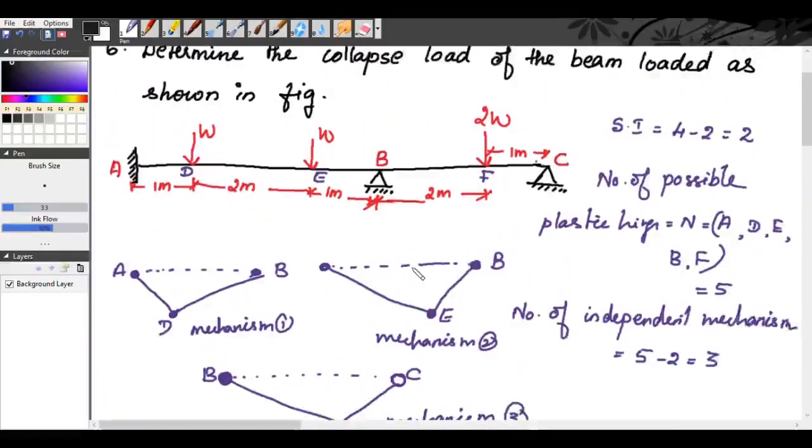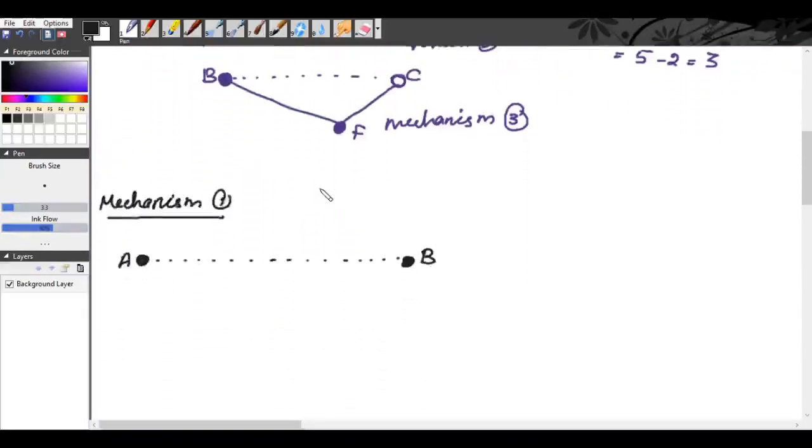Now we have another plastic hinge at D, which is 1 meter from A. So the remaining length is 3 meter. So this is 1 meter, this point is D, and this is 3 meter.